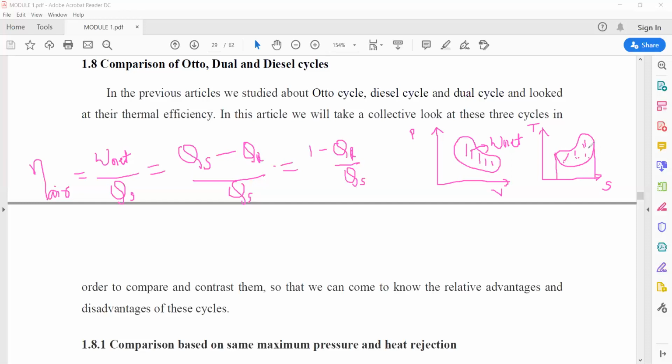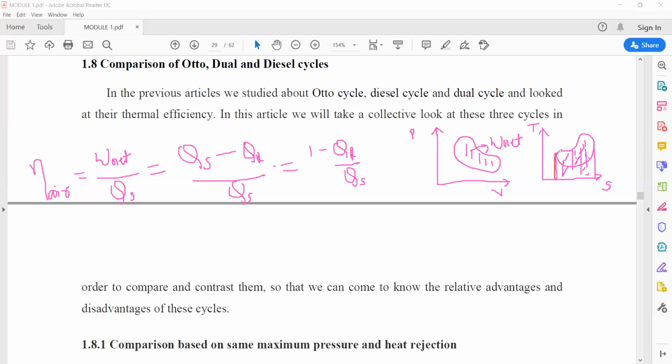Now the area under this total curve will give you the total amount of heat supplied. So if the total amount of heat supplied is more, definitely the denominator will be more and hence the efficiency will be more.